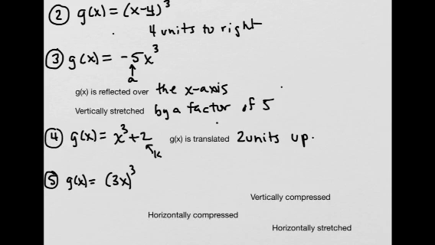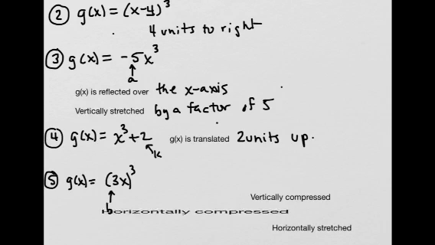Okay, for number 5, g of x equals a quantity of 3x cubed. We could think of this as our b value. So remember, when b is greater than 1, it's actually a compression, not a stretch, because it's horizontal compression. So g of x is horizontally compressed.